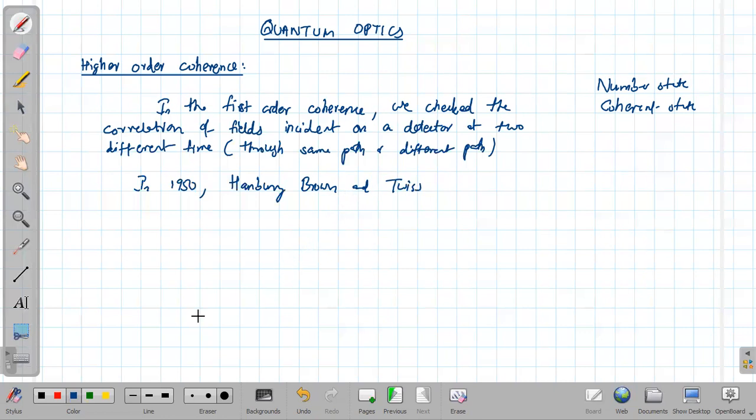So what was that experiment? This experiment contains a light beam split by a beam splitter.